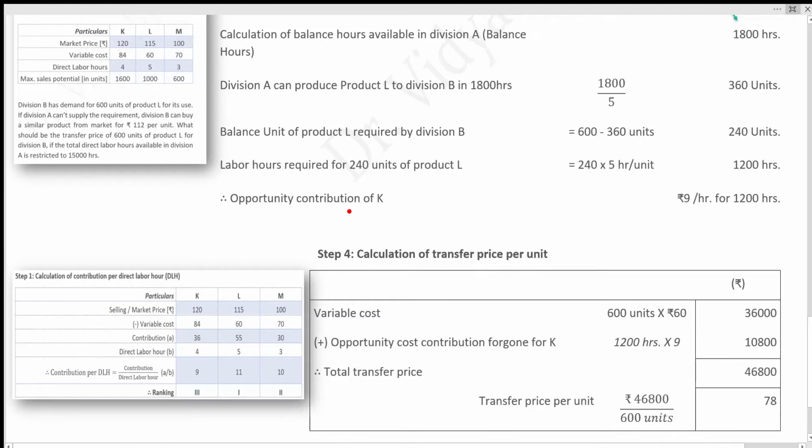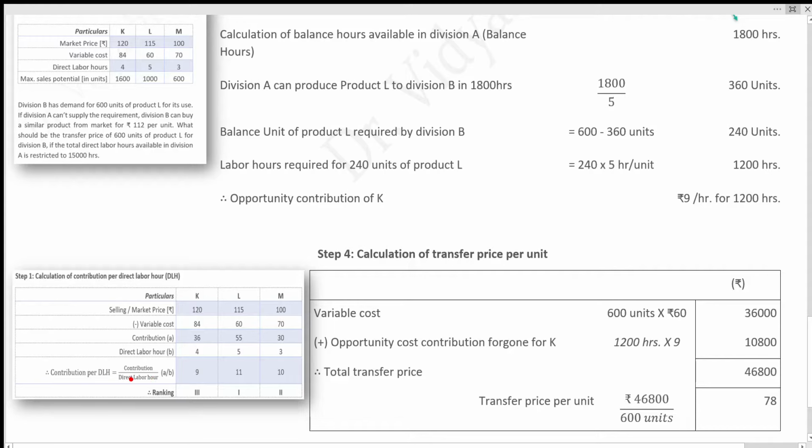So since for the product L, the capacity of number of hours got over, we have to obtain 1200 hours from the other product. So from which product we have to obtain is from the least ranking product. Observe very carefully. We are not going to take from the second rank, but we are going to take from the least rank. That is, in our problem, the least rank is the third rank. So third rank product is nothing but the K product.